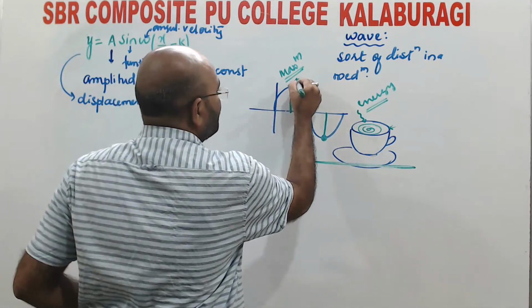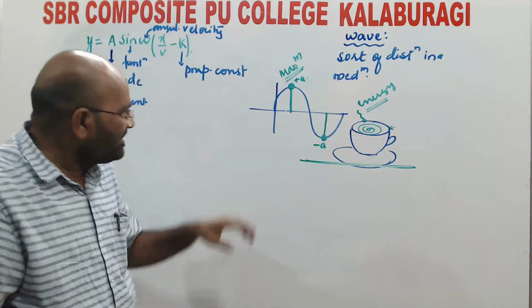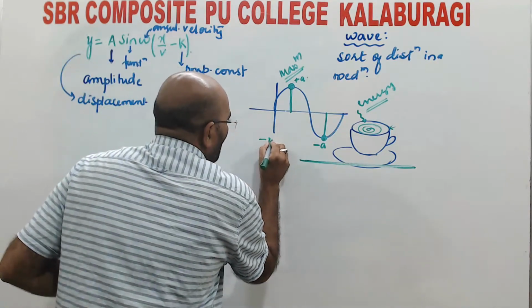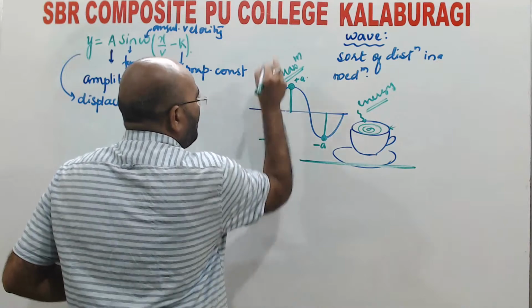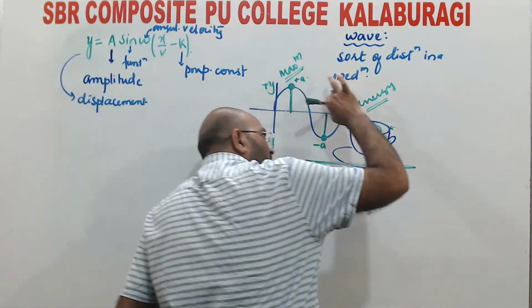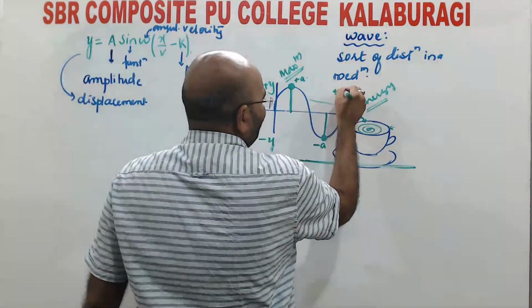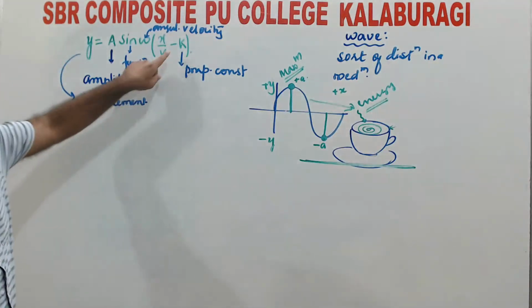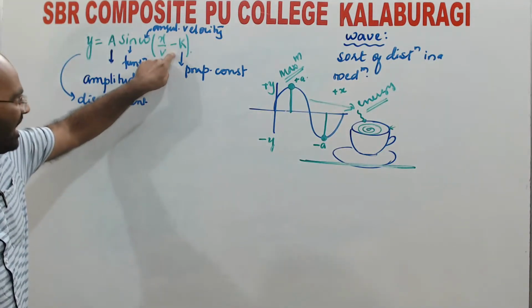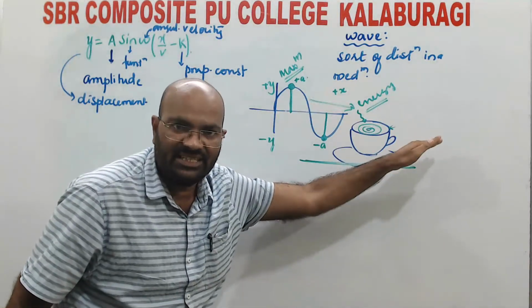This is called positive amplitude. This is what we call negative amplitude because it is obtained on the negative y-axis, and this is on the positive y-axis. And the wave is propagating towards the positive x-axis. Here the negative sign indicates the wave is propagating along the positive x-axis.